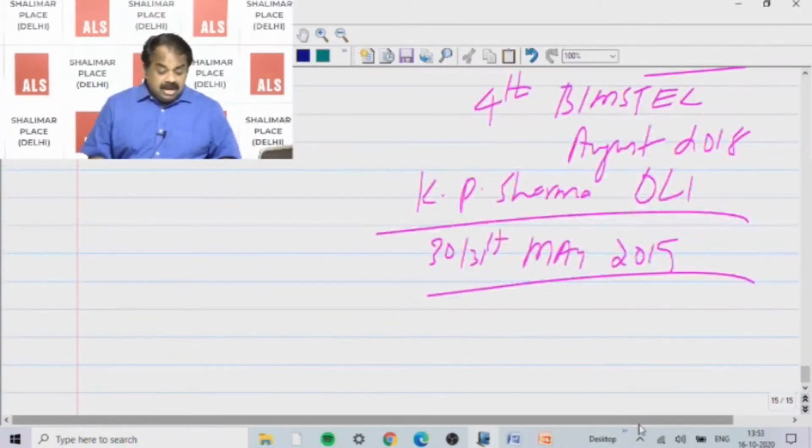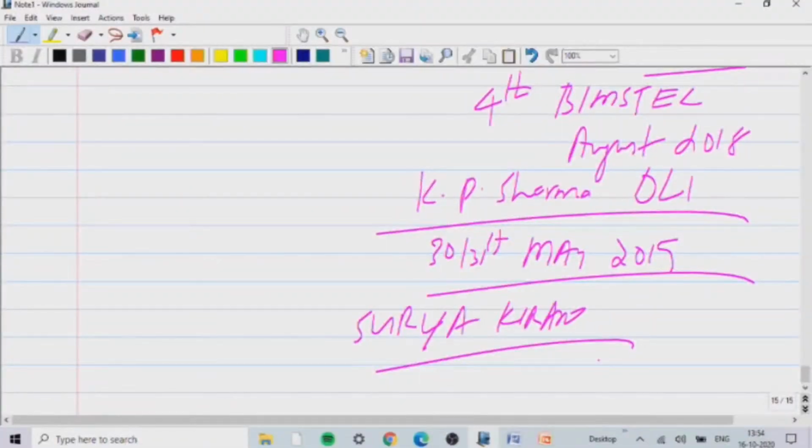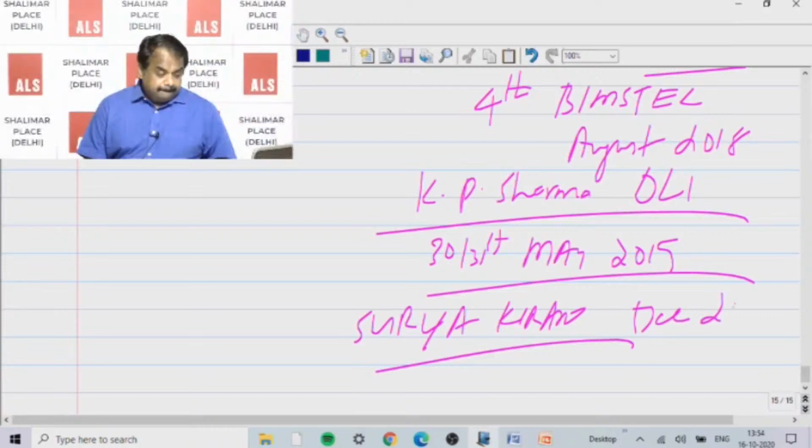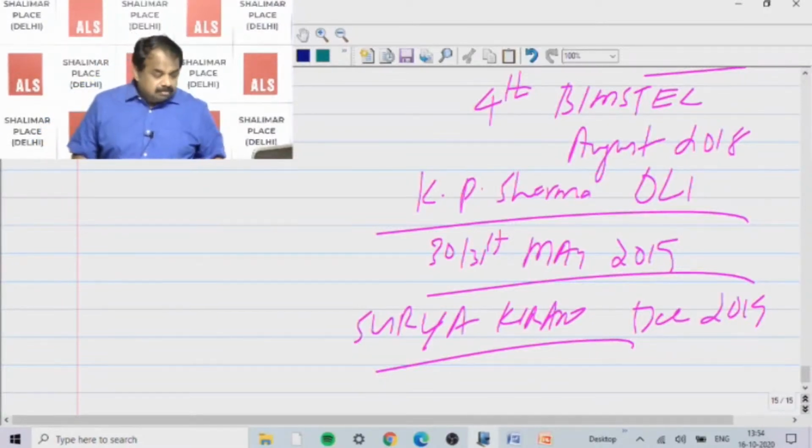Nepal has also recently participated in the Surya Kiran military exercise in December 2019. And as you know, the army chief is visiting Nepal in the first week of November.